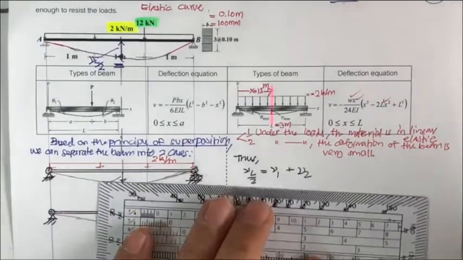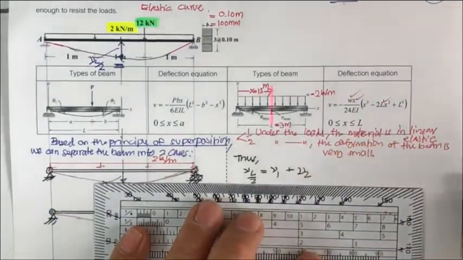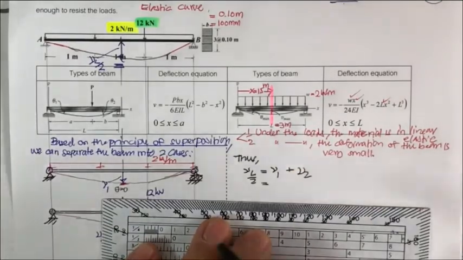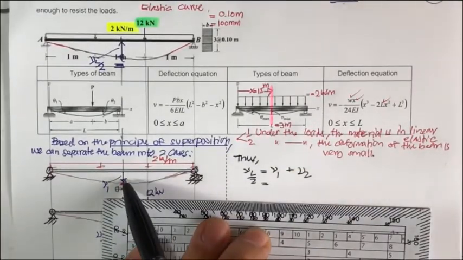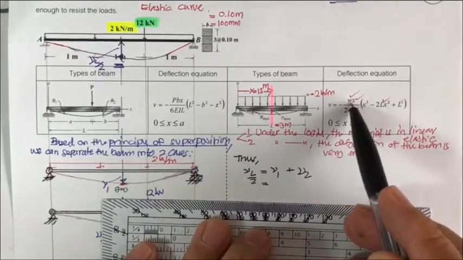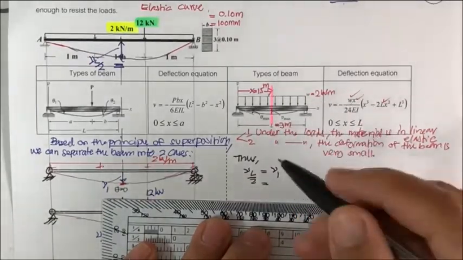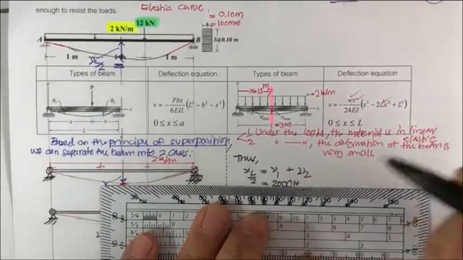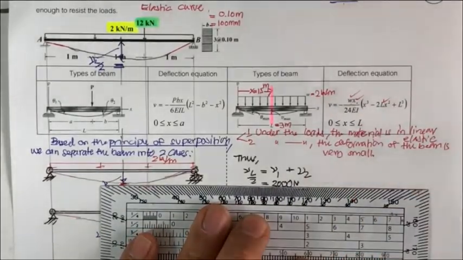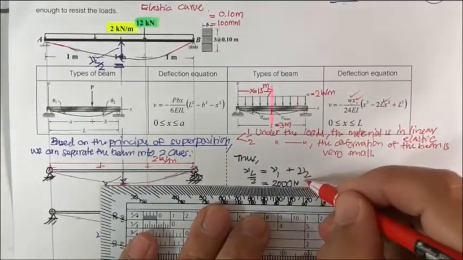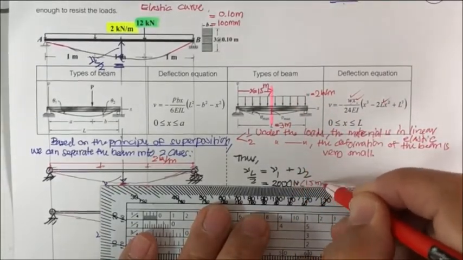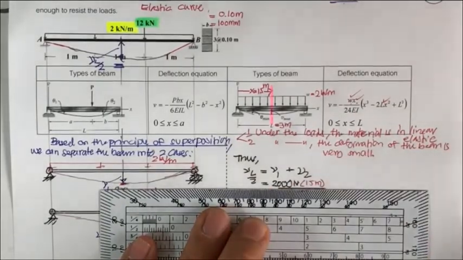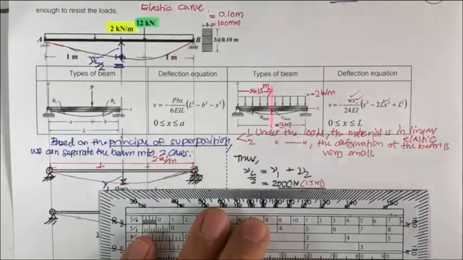So for the first one, V1 due to this is w x, where w is 2000, let's put it in Newton, and x now is 1.5 meter, divided by 24 EI.